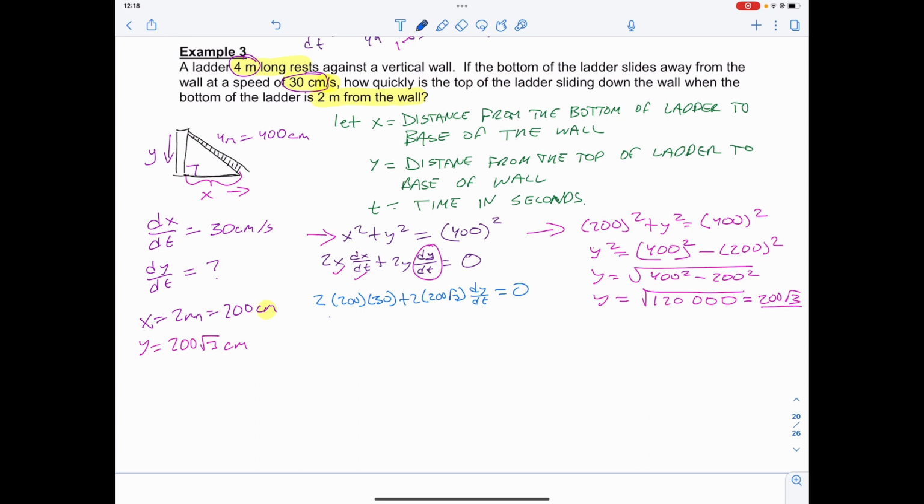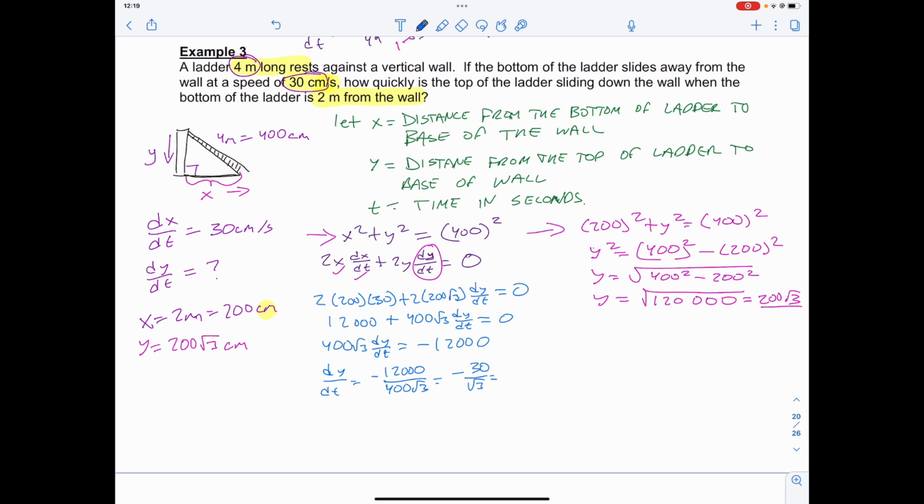Well, that's going to give me 12,000 plus 400 root 3 times dy over dt is equal to 0, or 400 root 3 dy over dt is going to equal negative 12,000, which means that dy over dt is going to equal negative 12,000 over 400 root 3. And I can divide the top and the bottom by 400 and get negative 30 over root 3.